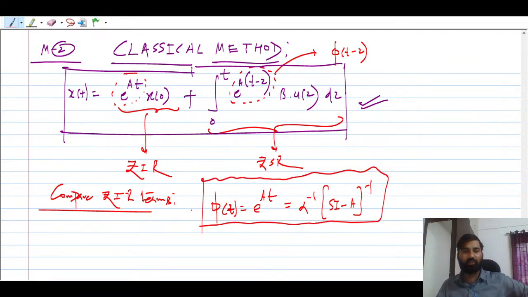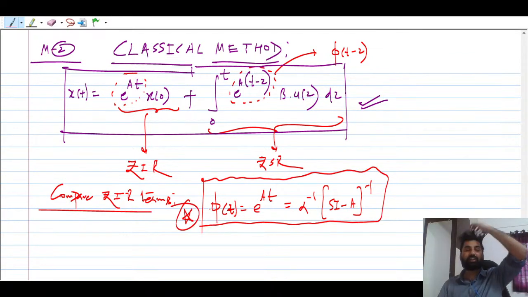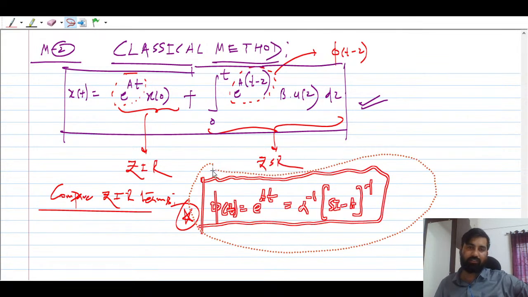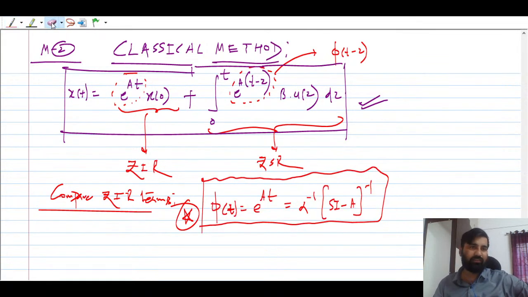Please remember, from the system matrix, how do we determine the state transition matrix? This is the story. So by comparing the ZIR, you can find phi t, which is the state transition matrix. Very important to remember. Let me write it again in a different color, green.